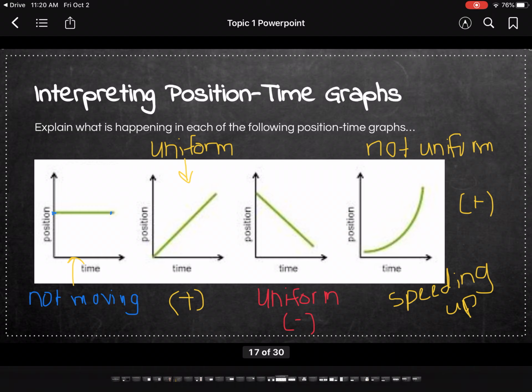A line down is uniform in the negative direction. And then the next one is not uniform, but it is something that would be speeding up. So its position over time is moving in an exponential direction. So yeah, it's speeding up. This is similar to what we would see for our COVID cases.